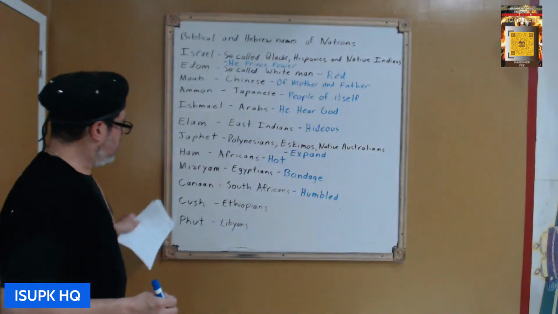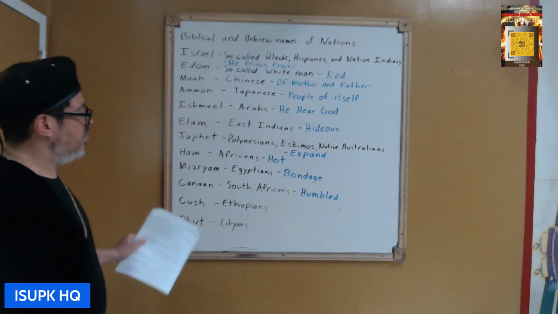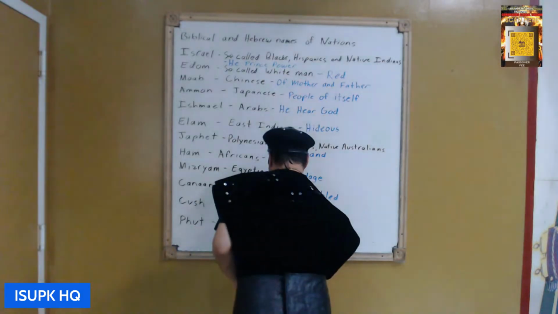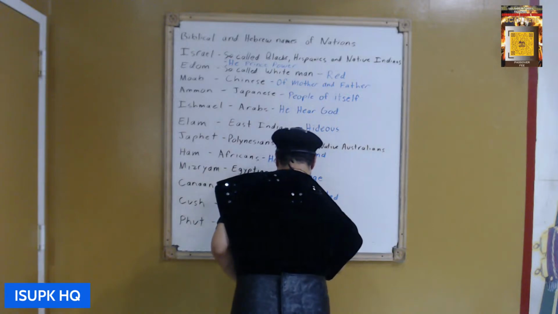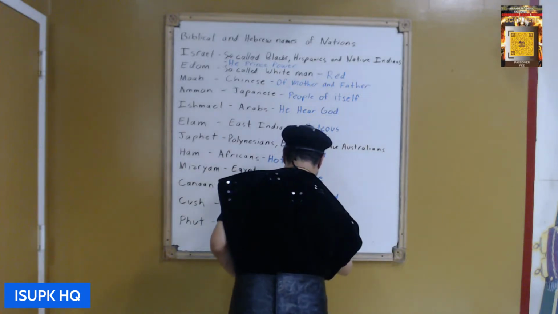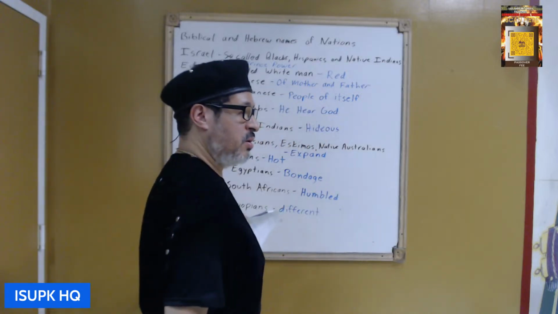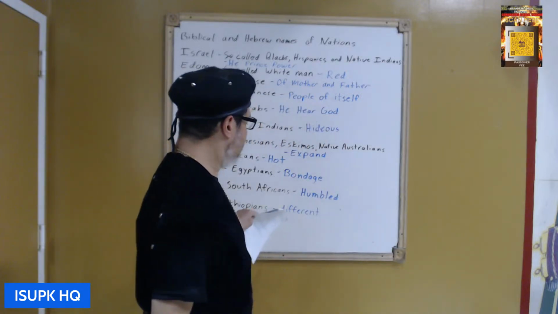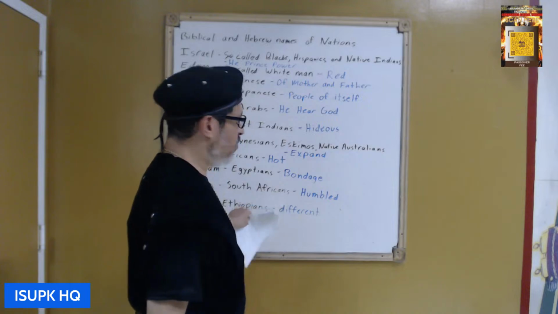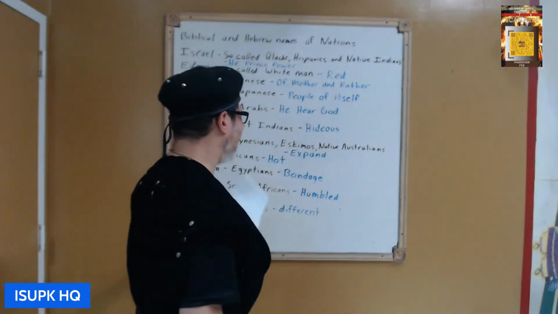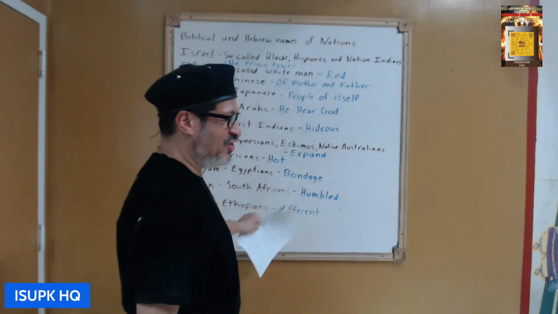Now, these are actually a different language, so we don't have a direct Hebrew translation. I'm just going to put different language just so you know that it is a different language. Kush is Kawash, right? It's Kawash, but it was a different language. This is how Officer Hazahab explained it. He didn't have an exact translation.